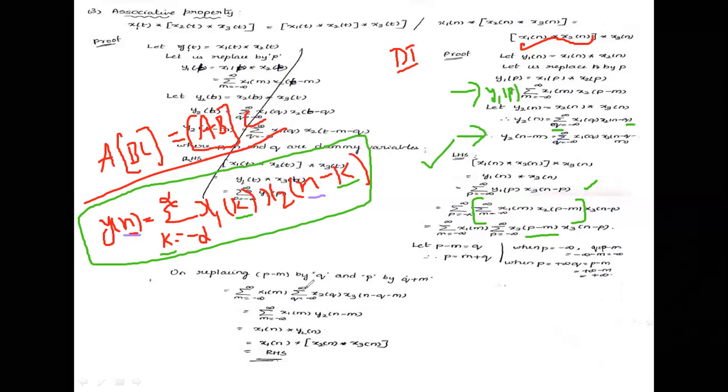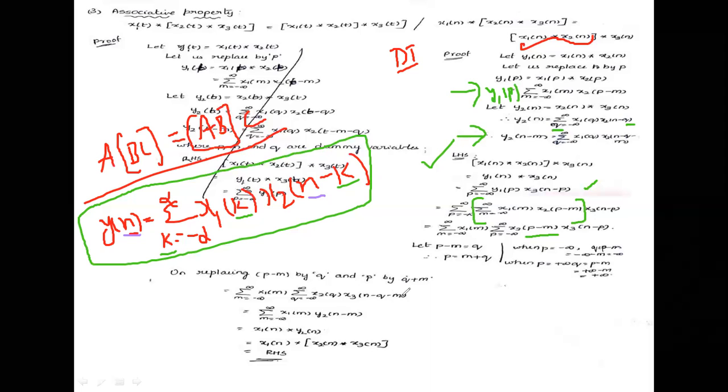Follow me, students. The sum over q from minus infinity to infinity of x2 of q, x3 of n minus p. What is p? m plus q. So n minus q minus m.